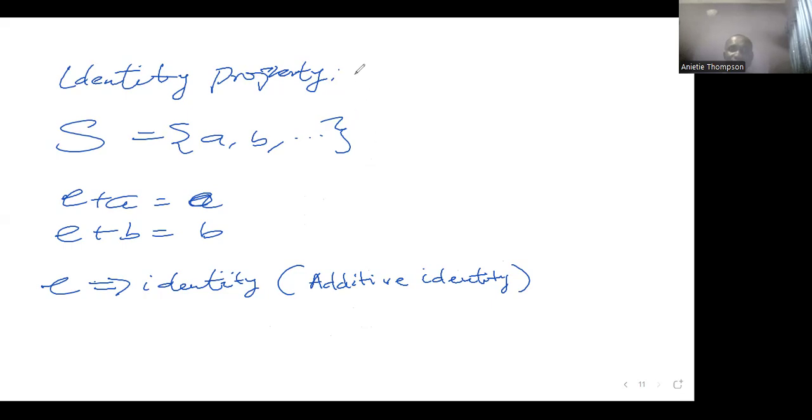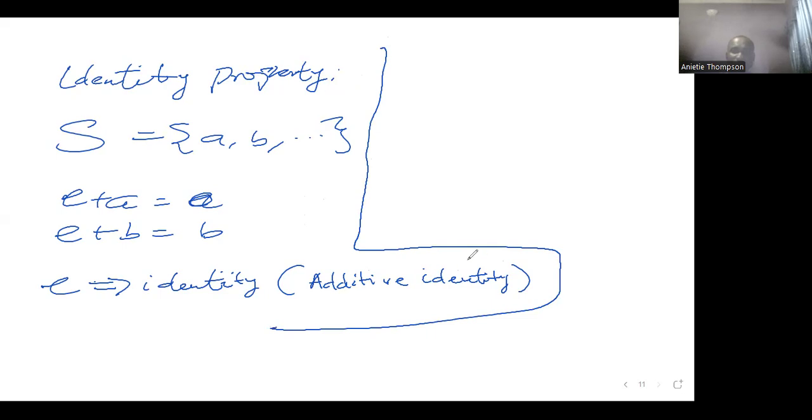Similarly, if you have an element also from the set, say E, such that, for example, we multiply any of the elements that are in that set by it, and the operator still generates the same element that is being multiplied, we can still call that element an identity element.